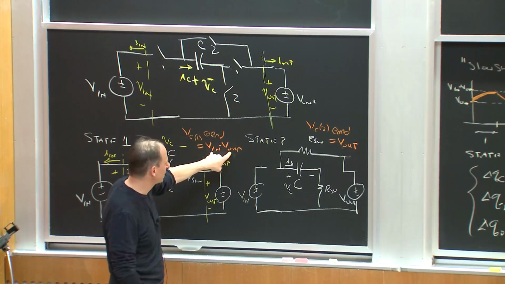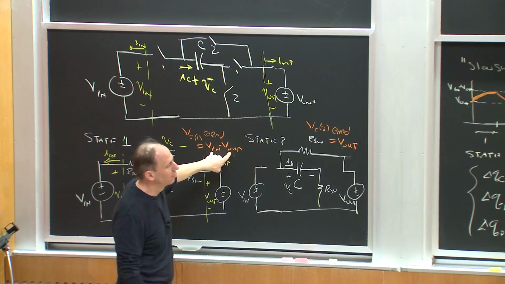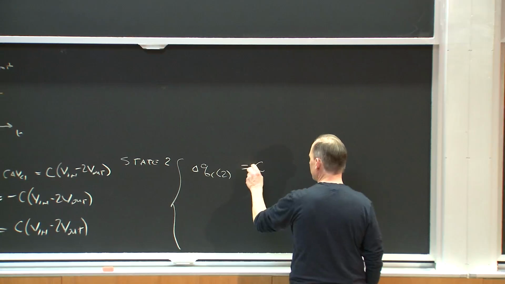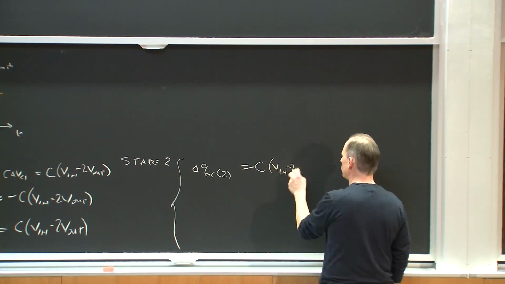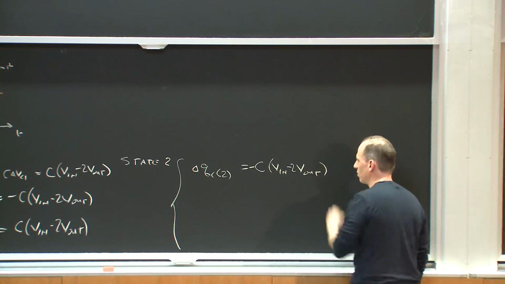So it's V out minus V in minus V out, which is 2 V out minus V in, times C. But I could write that as minus C times V in minus 2 V out.